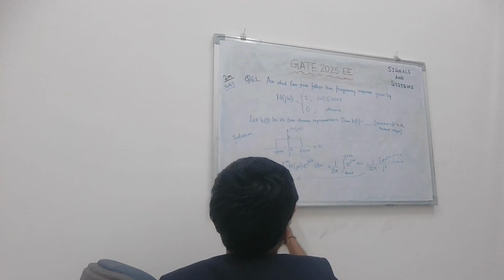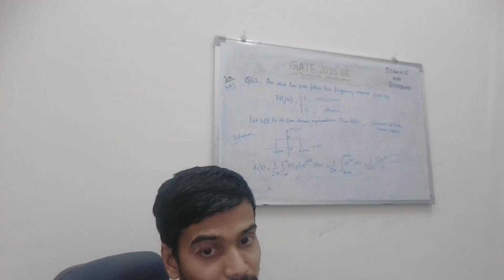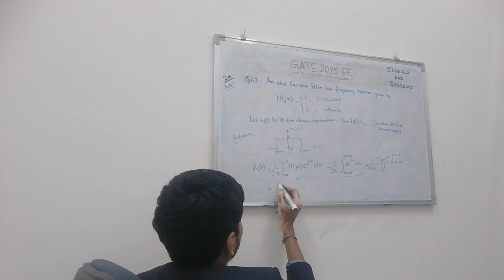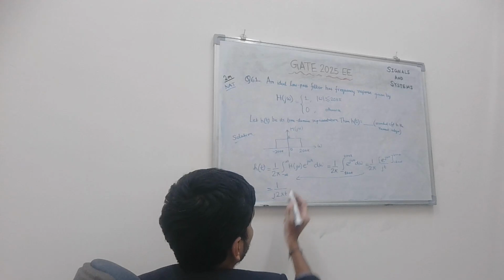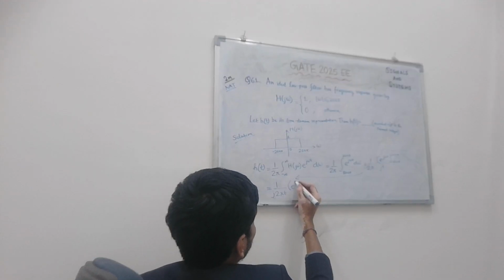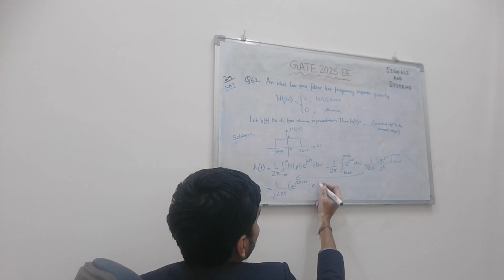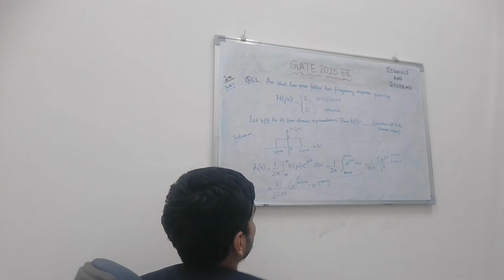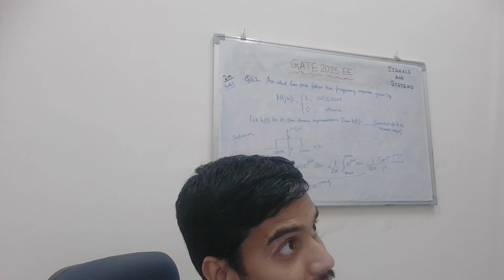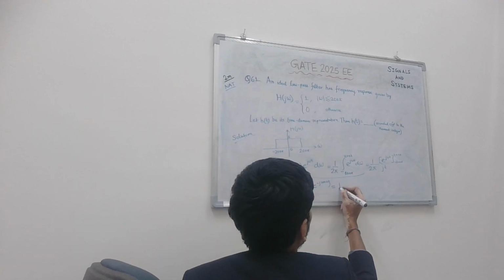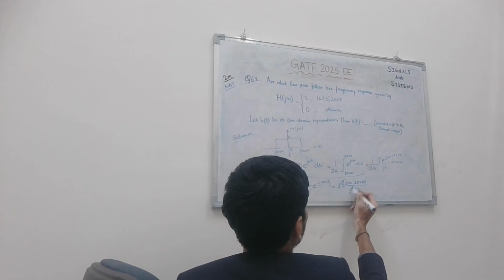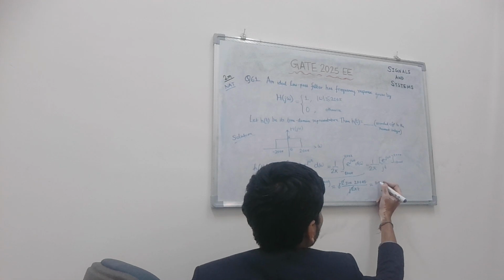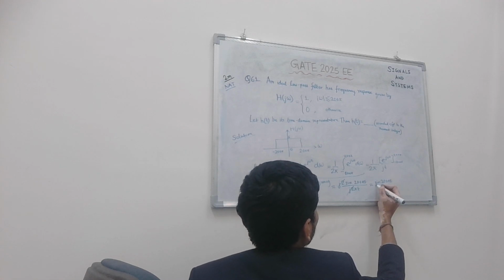To simplify this, we will get 1 by j 2 pi t into e to the power j 200 pi t minus e to the power minus j 200 pi t. Now e to the power j theta minus e to the power minus j theta is j2 sin theta. So it will be j2 sin of 200 pi t by j2 pi t. j2 gets cancelled, we are left with sin of 200 pi t by pi t.